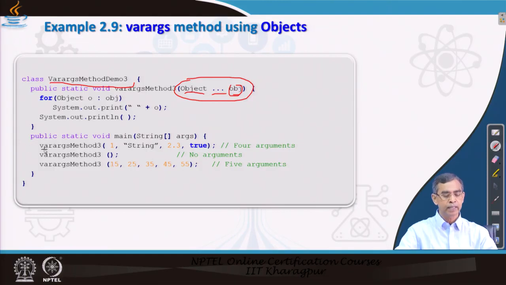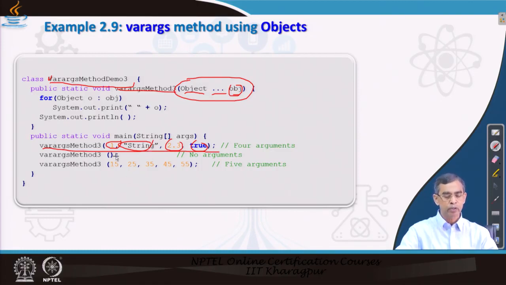Now, here is an example. We call this method var arg methods 3, and in this call we pass an integer, a string, a float and a boolean. So, this call passes 4 different arguments of any type, and using this declaration it is possible, because object takes any number of arguments as well as any types.